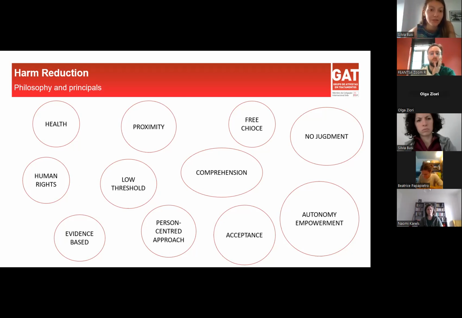Everybody takes drugs for a reason. We take our morning coffee to have more energy, and our client takes another drug for another reason. We have to work on the reason, on the person's routine, on what we can help them to do in their daily life.